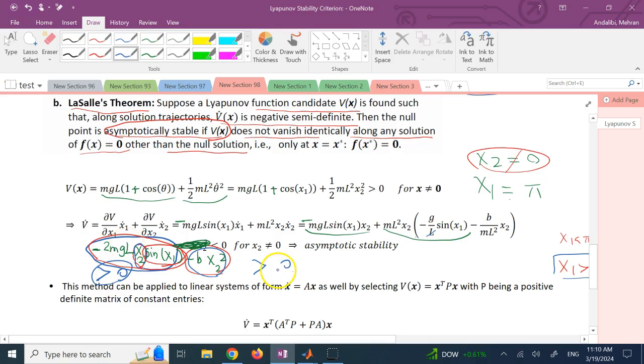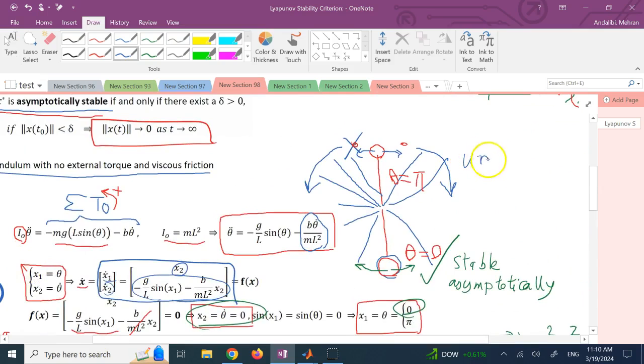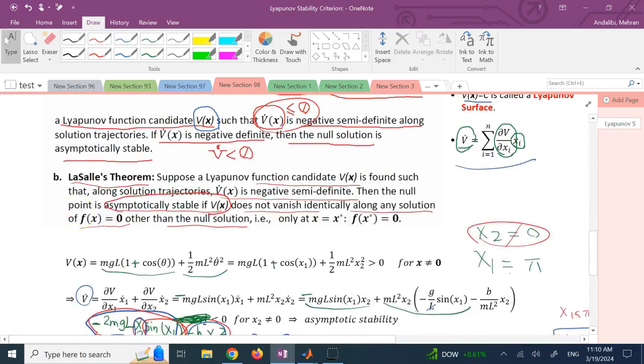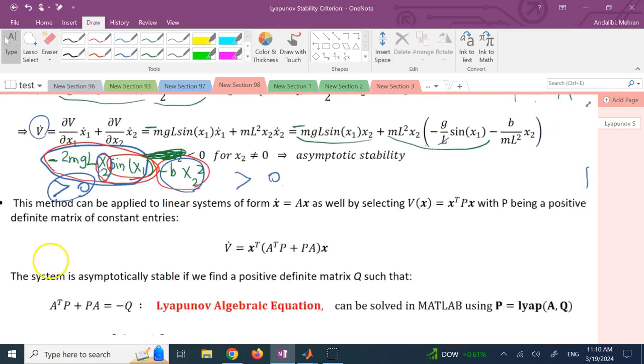So this term can dominate that, and when the whole thing becomes positive, that means the energy of the system can increase. And when it does, this is going to be unstable. Do you see that? So Lyapunov talks about stability, but if you cannot show the stability, and you can show that there might be scenarios where V dot becomes positive, then you're looking at being unstable.